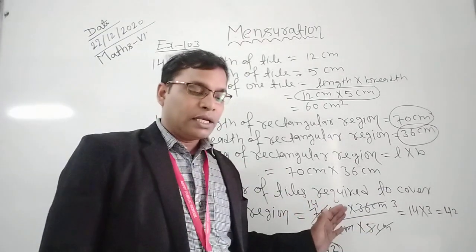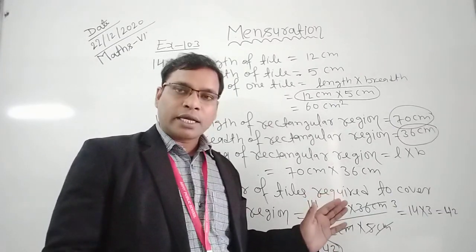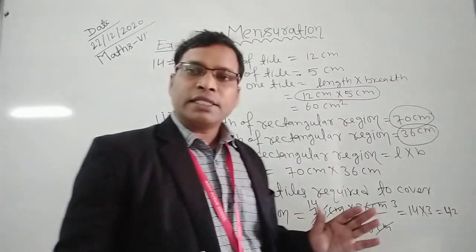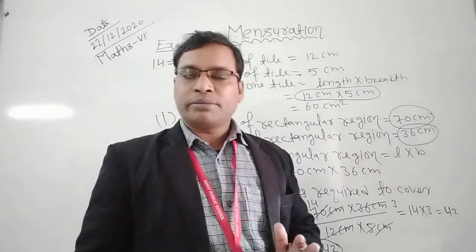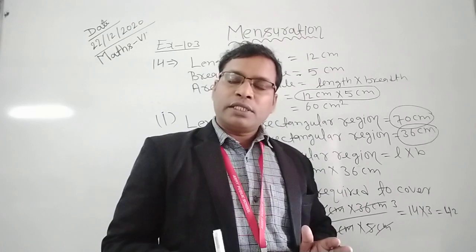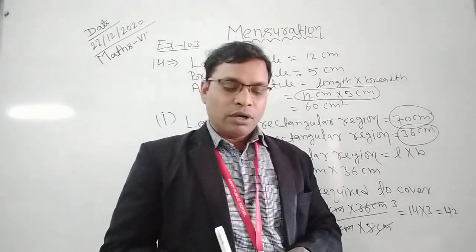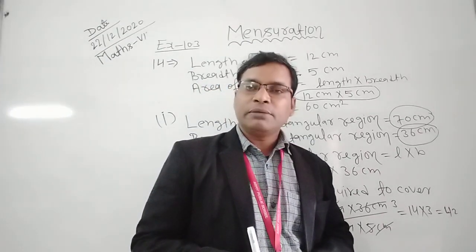We have the second part of question number 14, and again we find the number of tiles whose length and breadth are 12 centimeter and 5 centimeter respectively, and cover the area. It means that the dimension of the region is given here, 144 centimeter and 1 meter.